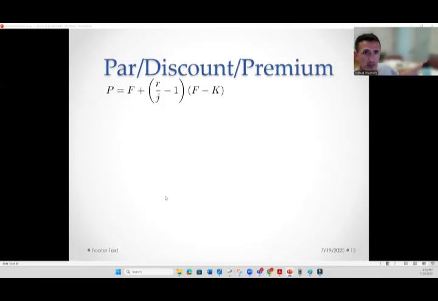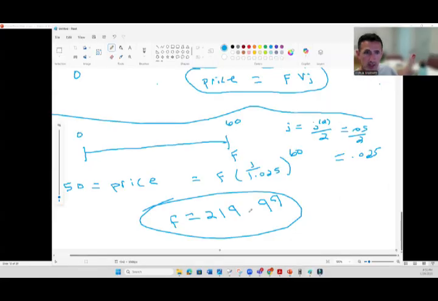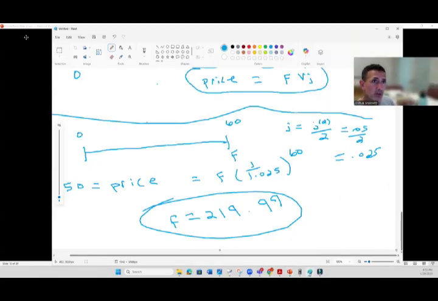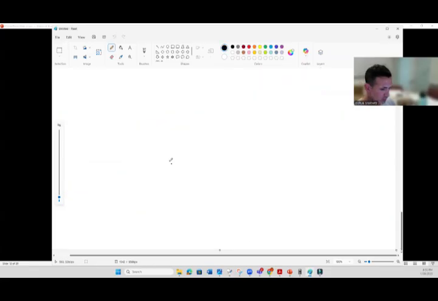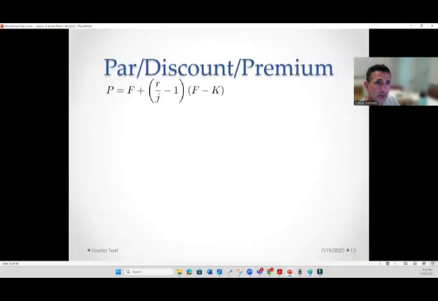And what does that tell? Well, besides just telling me the price is this, let me explain what this tells me. All I'm going to do is take this here and subtract off the price.